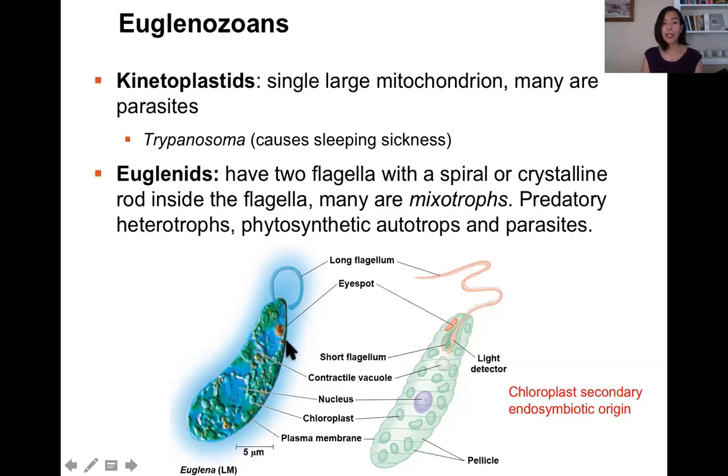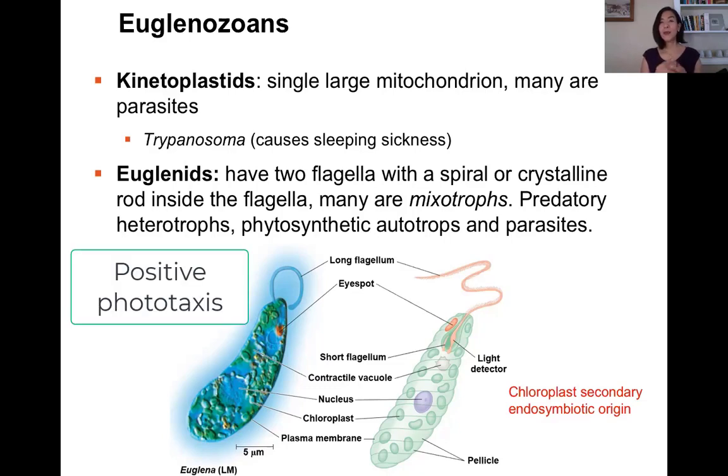It's going to have an eye spot in here, and that is going to help with detecting the light, and it responds to the light, and the response is also going to affect the behavior. So remember, I told you it has phototaxis, which means that it's going to follow the light, and it wants to follow the light because if it's exposed to the light, it's going to photosynthesize.